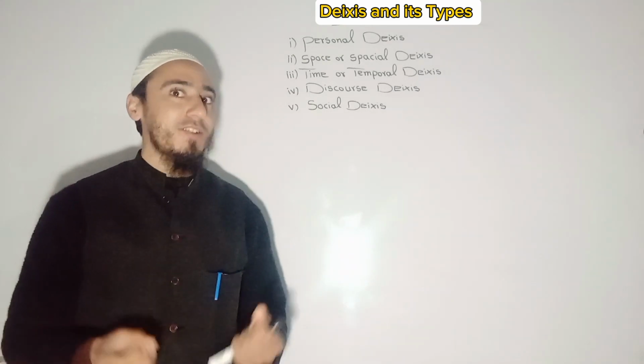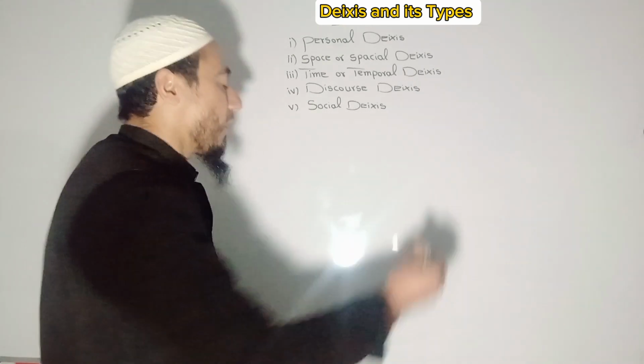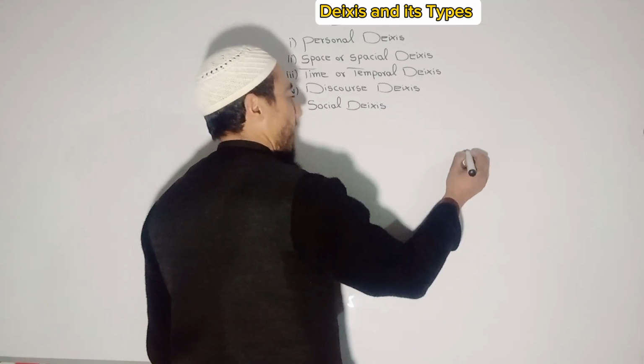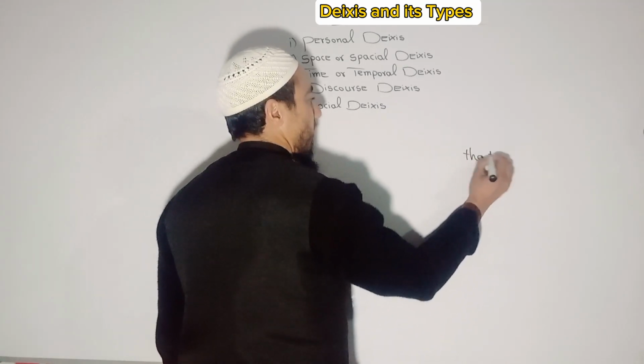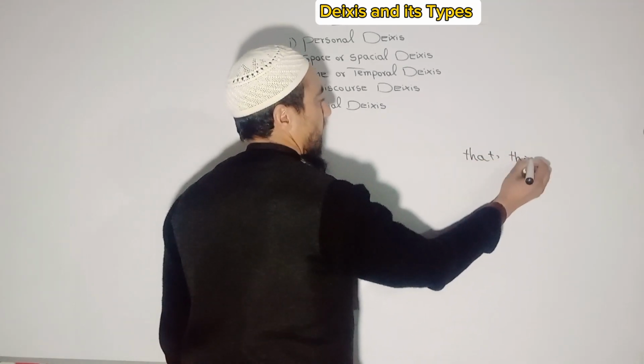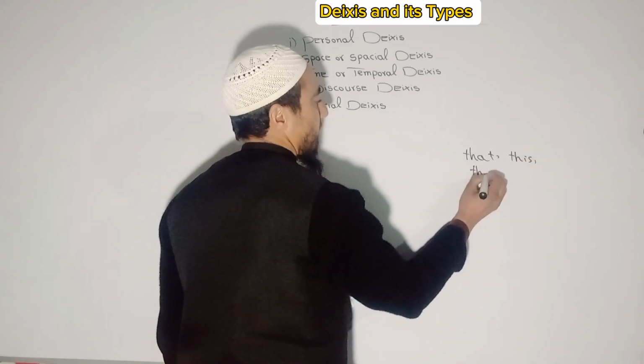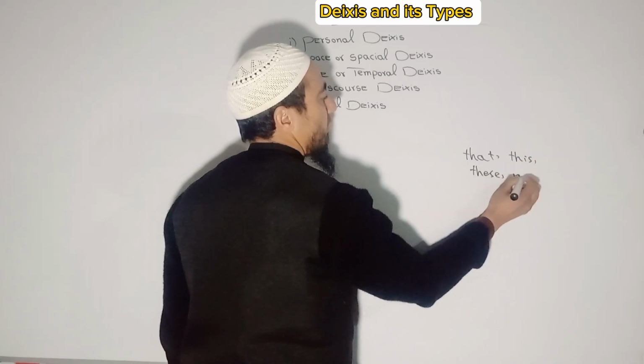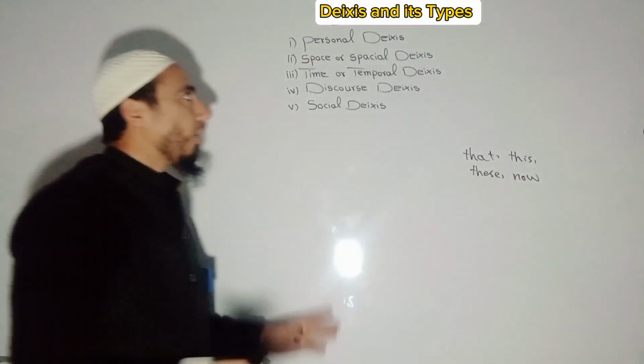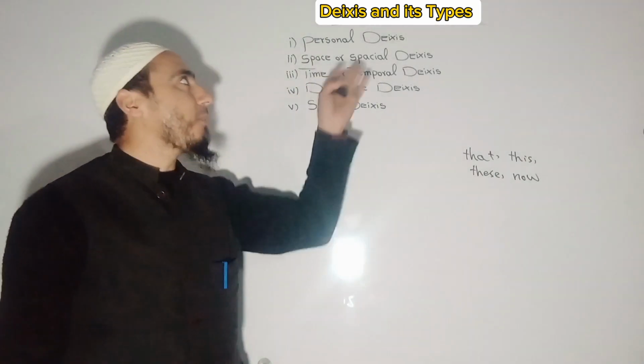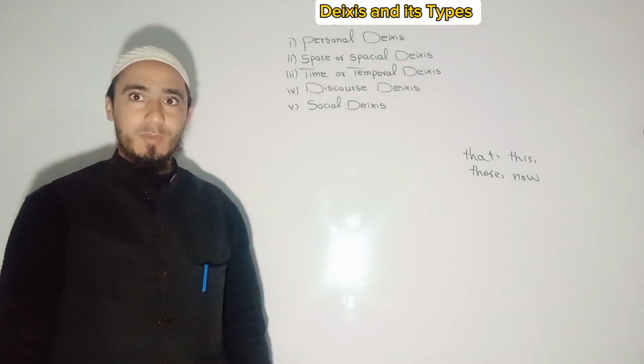For example, there are so many examples which accomplish pointing: that, this, these, now, etc. All these are examples of deixis.